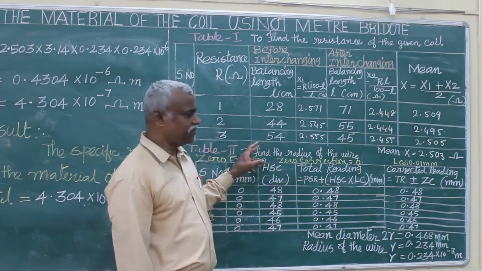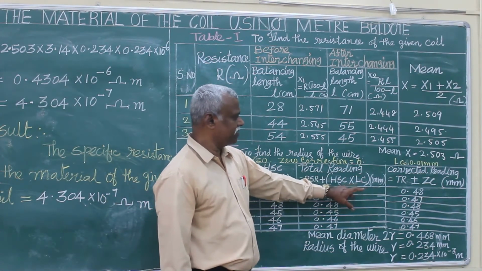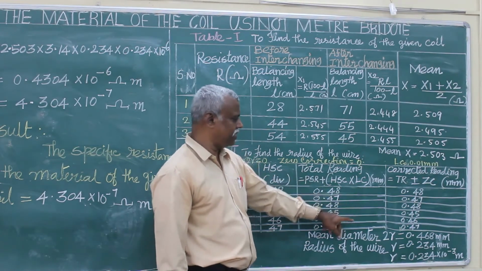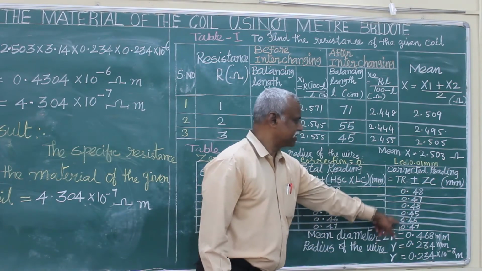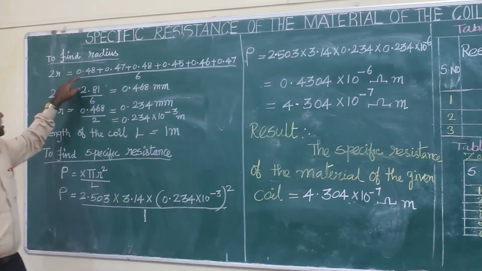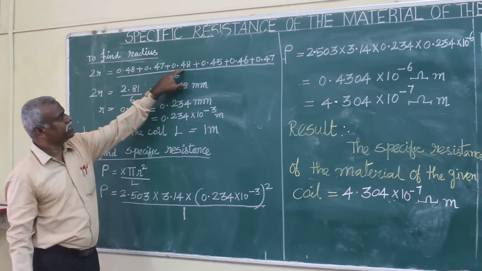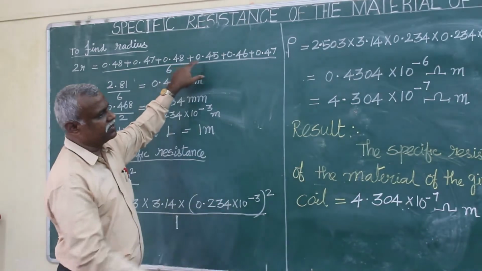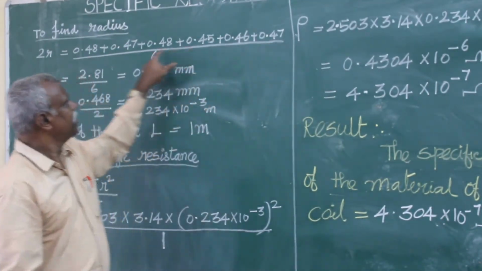Using these values, you can find out the diameter of the given wire. Therefore, take the average of all the 6 readings: 0.48, 0.47, 0.48, again 0.45, 0.46 plus 0.47 divided by 6.